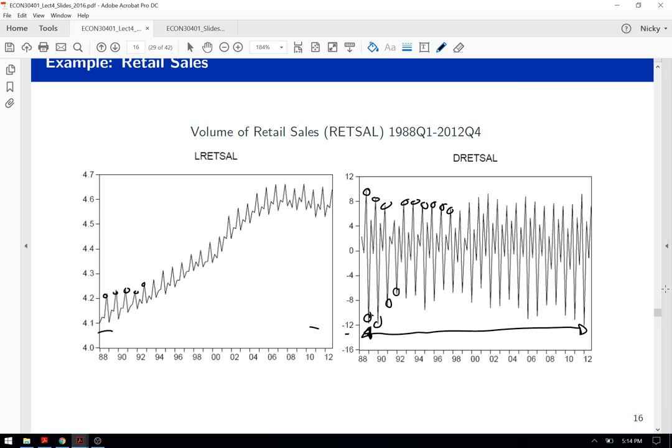It's always very negative and much less than all the rest. So it looks like this is a variable where the mean is different in every quarter. The average in quarter 4 is very high and positive, and the average in quarter 1 is very negative. So it's highly unlikely that the mean is staying the same over time.